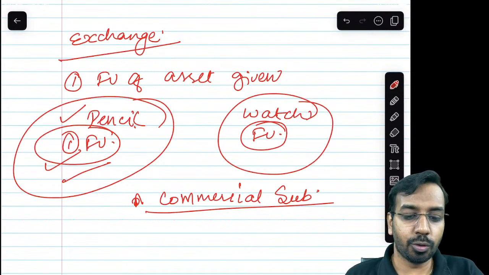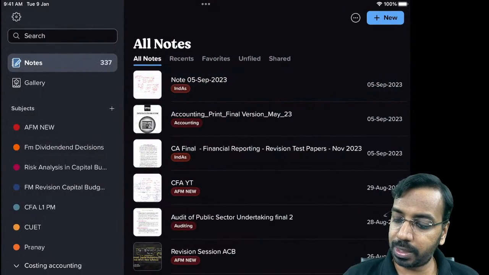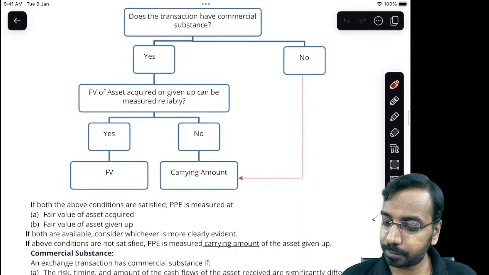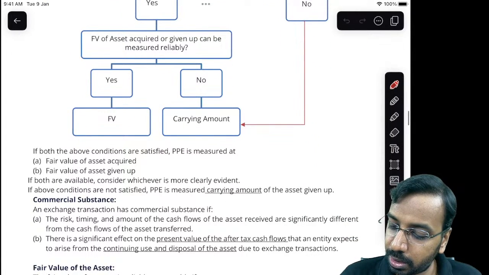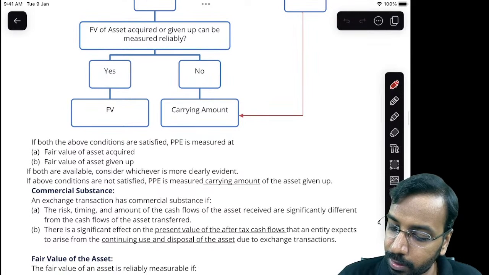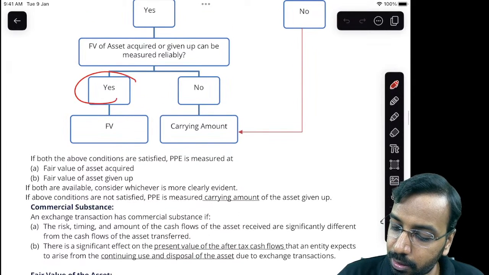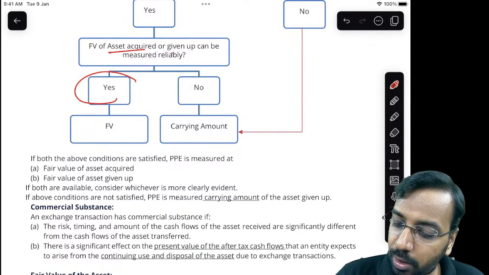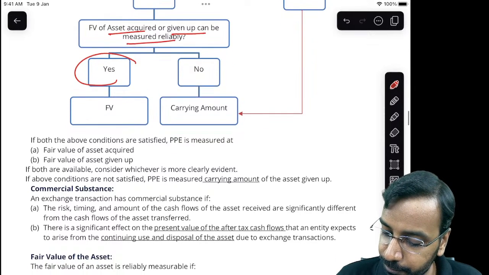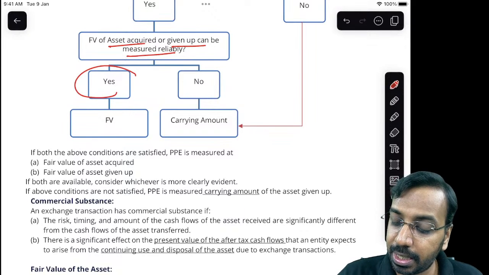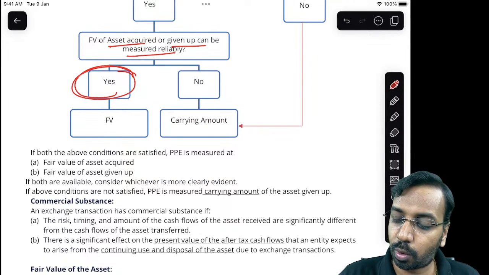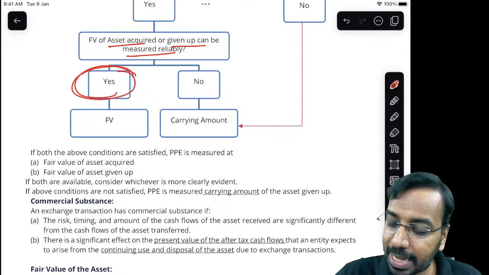So, whenever you have these kinds of scenarios, the first preference is, if the fair value of the asset acquired or given up can be measured reliably, whichever is more relevant and reliable, you will take that and measure at it.